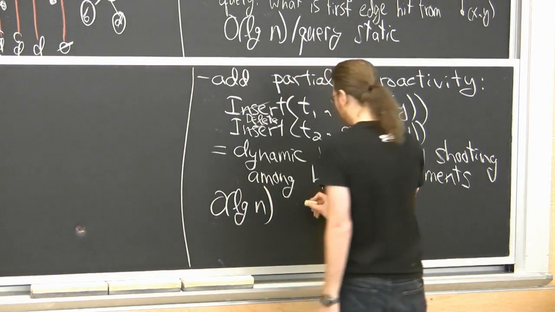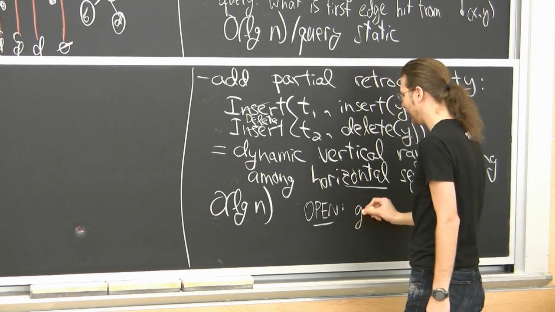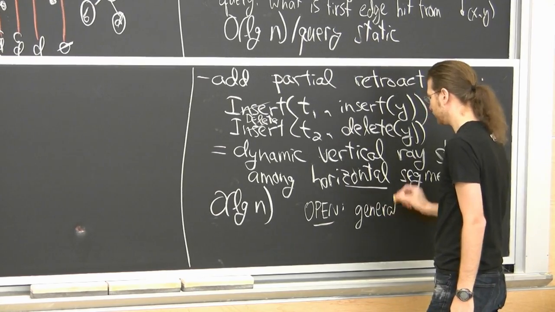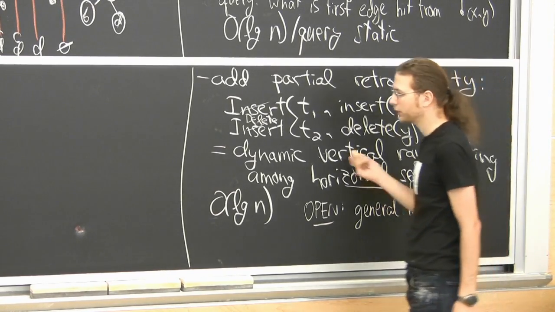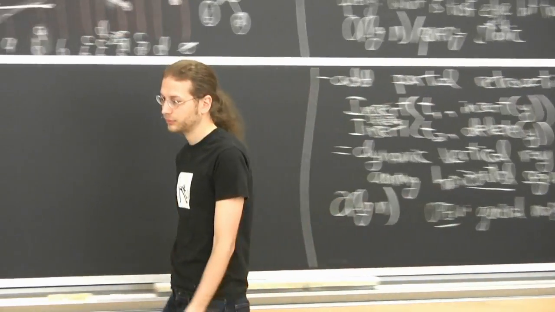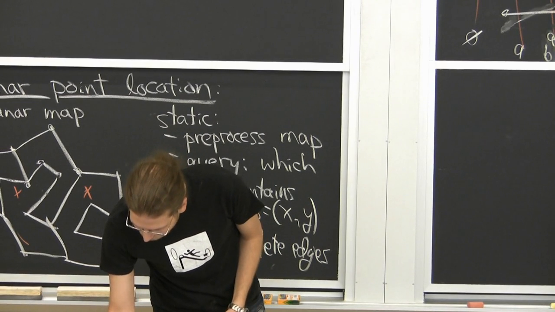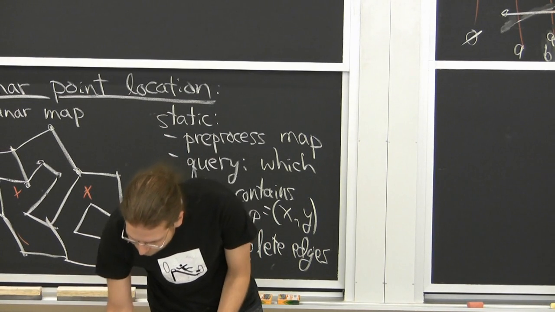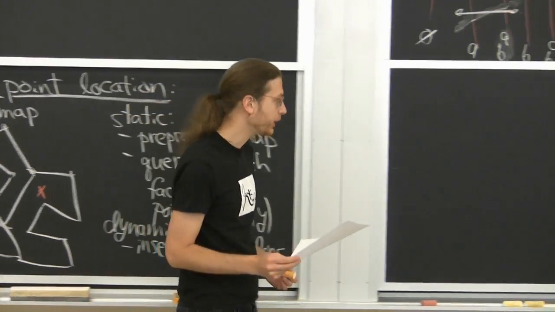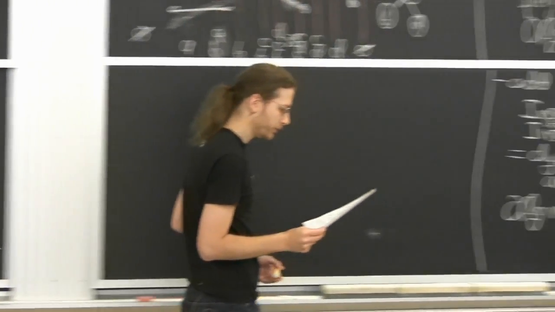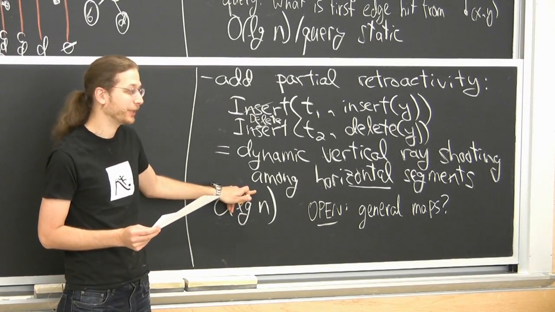There are a bunch of open problems. What about general maps? For dynamic vertical ray shooting, in general maps, if you want log n query, the best results are log to the 1 plus epsilon insert, log to the 2 plus epsilon delete.